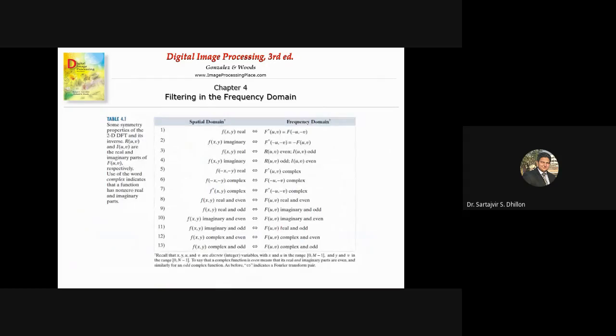There are some important details, and you may have already covered them in the signals and systems chapter.